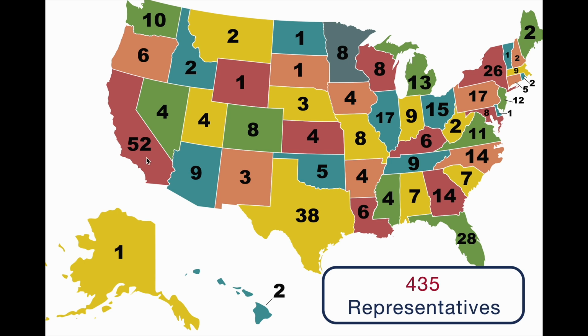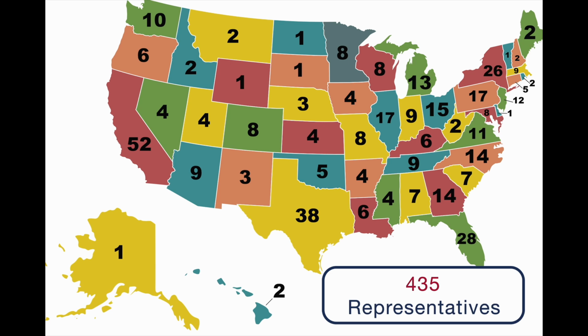California, for example, has a lot more people than North Dakota. So, California has 52 representatives throughout the state. North Dakota has a much smaller population than California and only has 1 representative for the whole state.